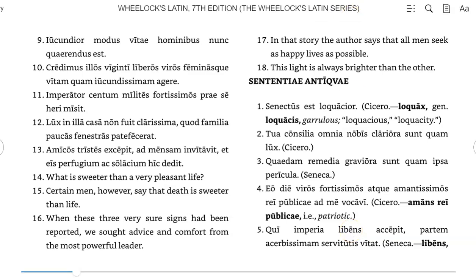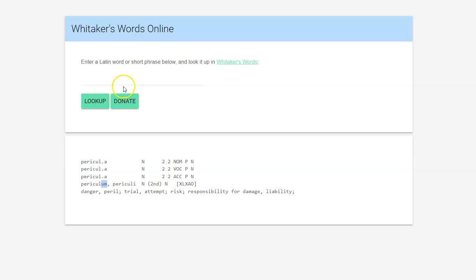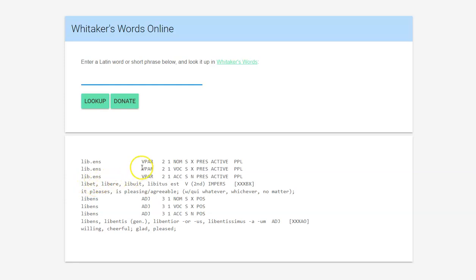Again, if you're not sure about these things, ultimately, of course, you need to be confident. So looking these things up is probably the way to go. But here's our verbal participle, and willing is probably the way to translate this here. It doesn't mean cheerful or glad or pleased. That would be an awkward translation. So we're going to say willing. Of course, that's where we get our word liberty.